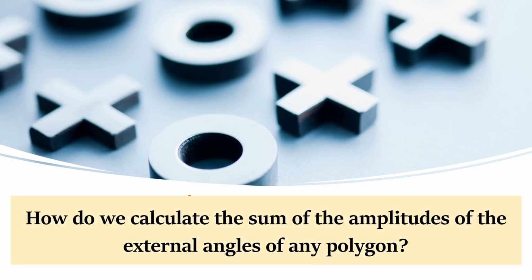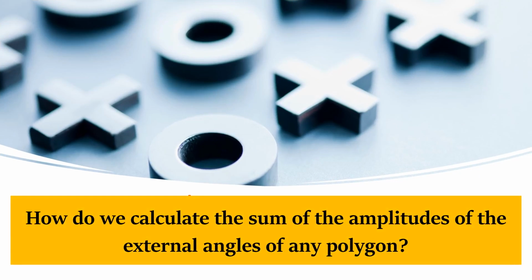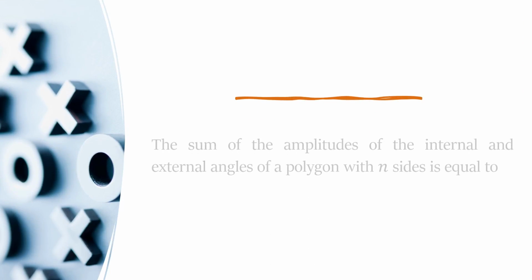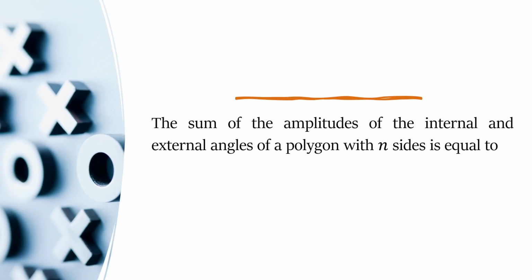How do we calculate the sum of the amplitudes of the external angles of any polygon? Let's see. The sum of the amplitudes of the internal and external angles of a polygon with n sides is equal to n times 180 degrees. We have n different vertices.